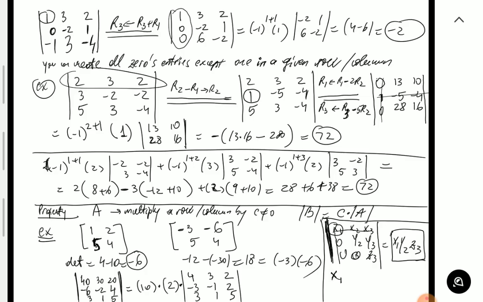So you go again by the first column, signature component is plus, y2, and then again when you cross out row and column by that element, you're left with another diagonal matrix, so on and so forth. So if you keep on doing the cofactor expansion in a diagonal matrix by the first column, you always end up with the determinant being the product of the elements in the main diagonal.